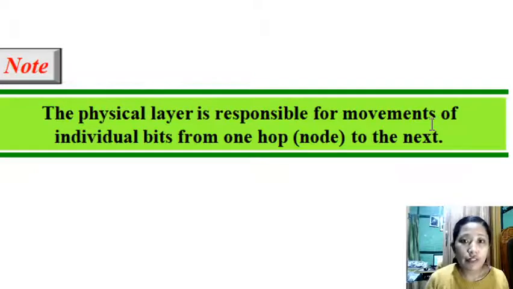If the transmission media is fiber optic cable, then the signal has to be in the form of light. So based on what type of network the computer is connected to, the physical layer has to convert the message into a form which that network can carry. The physical layer is responsible for movement of each individual bit of the message.